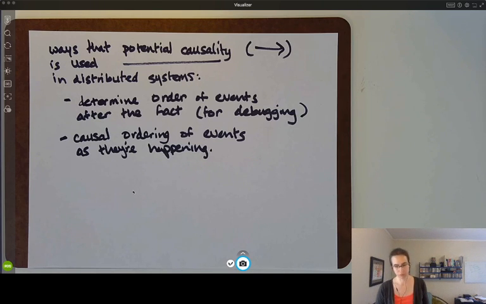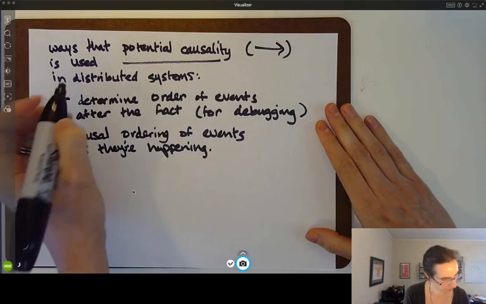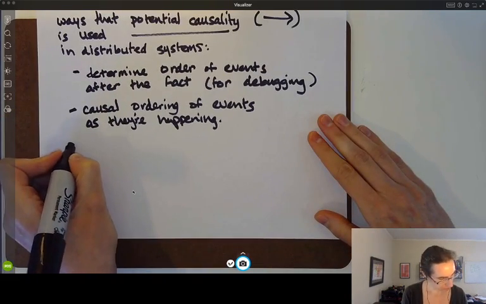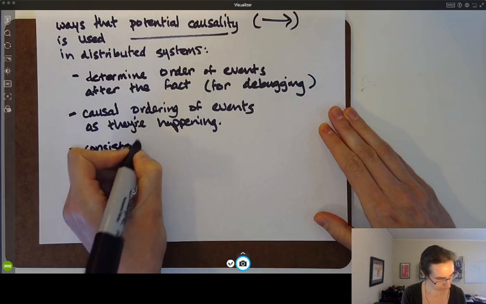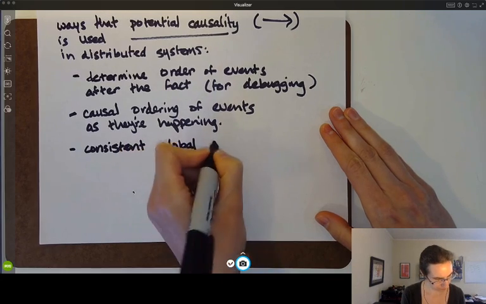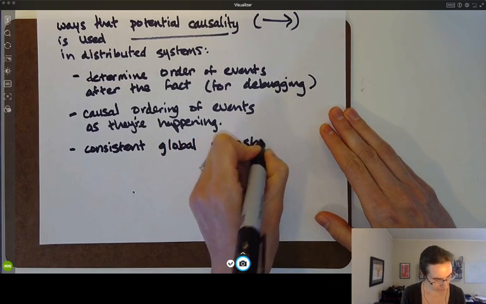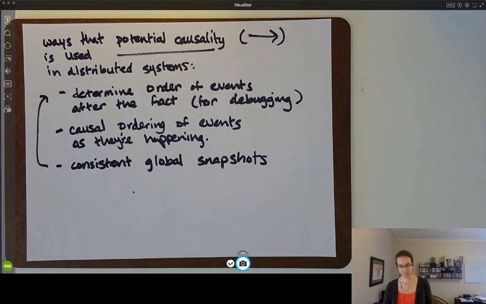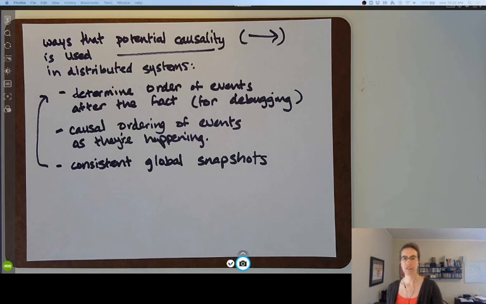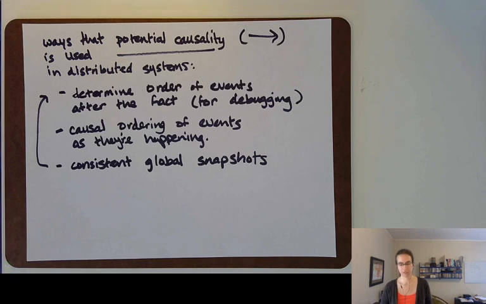What's something else that you can do with causality? One thing that we haven't talked about yet, this is kind of related to the first point, is what's called consistent global snapshots. So this is a way of getting a picture of the global state of a distributed system. And it's not trivial to do because each of these processes in a distributed system has its own state, right? And its own knowledge about other processes' states.